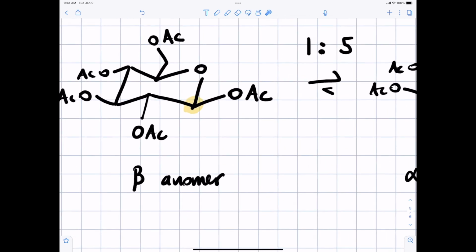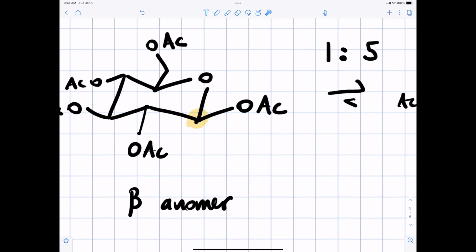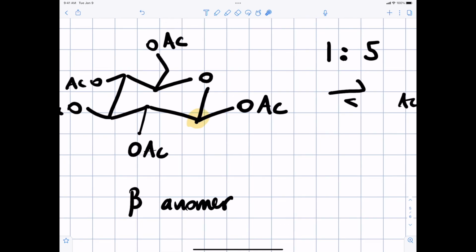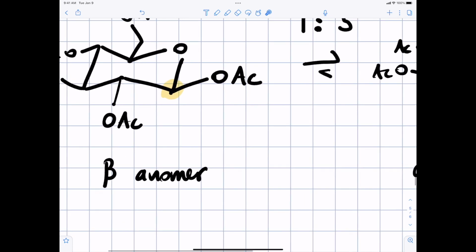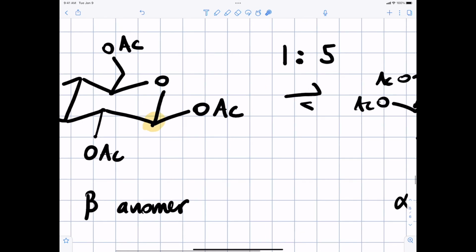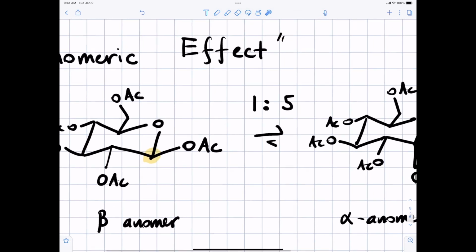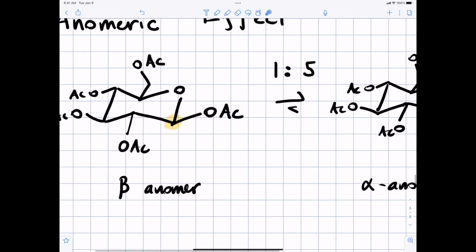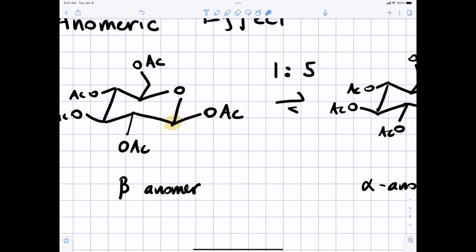Would there be a gauche effect with the alpha anomer, whereas in the beta anomer, the two O-acetals are opposite each other, or anti? Oh, interesting. That's fascinating. I don't think I've thought about that yet. Let's just see if we look down that bond.